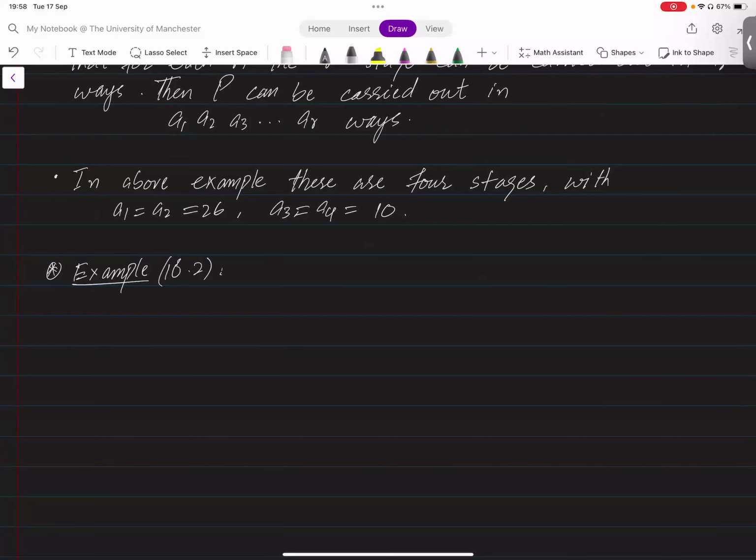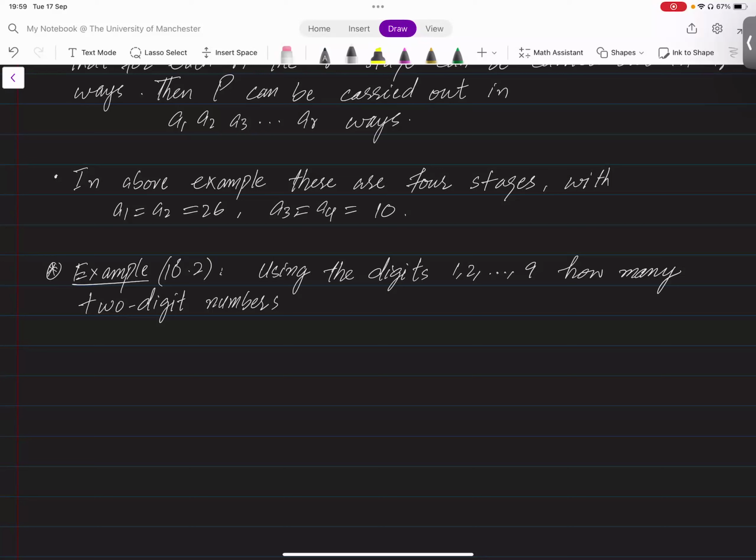It says that using the digits 1, 2 up to 9, how many even two-digit numbers are there with 2 different digits?